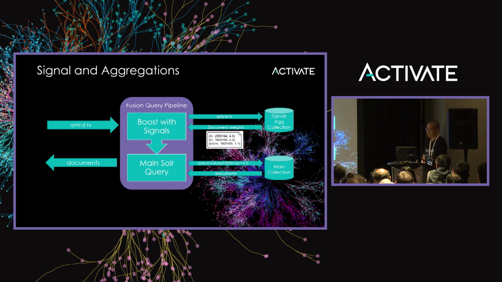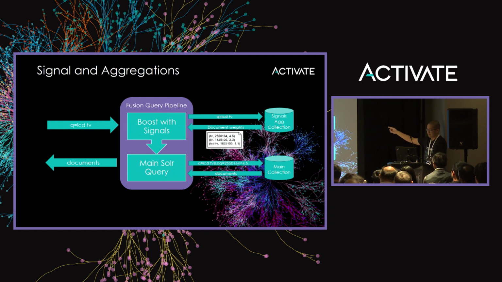And there's a lot to it, but let me just try to simplify things. Let's just go through a workflow of what happens when you're using signal boosting within a single query. Say the user searches for LCD TV, and Fusion searches what we call the signals aggregation collection.